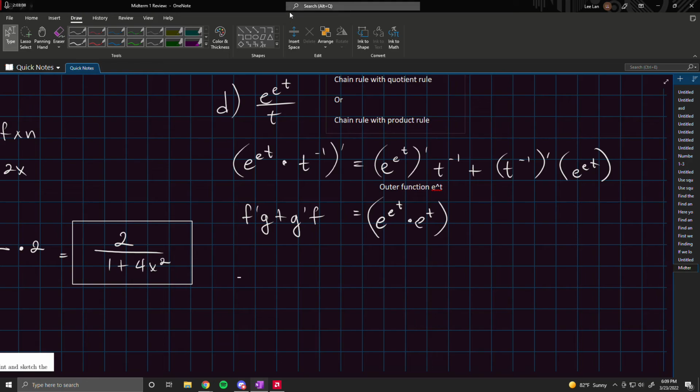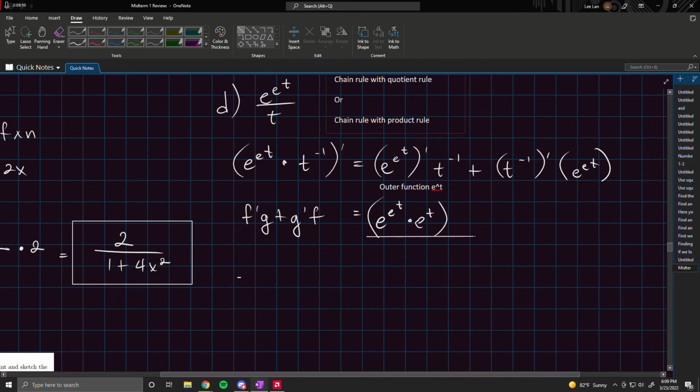And then t to the negative 1, I will rewrite it like it started with, so that would be 1 over t. And then plus the derivative of that, so that would be minus t to the negative 2, and then that's left alone, e to the t.